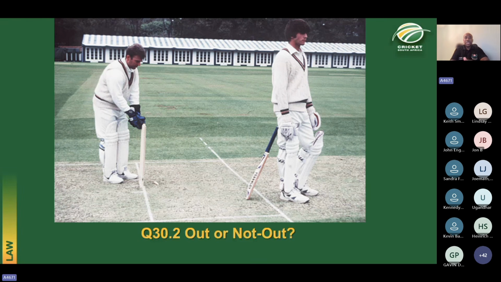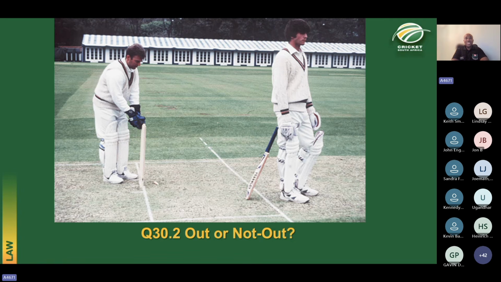I think this is the last quiz question for the evening. Quiz question 30.2. Is this batter out or not out? You can see that the wicketkeeper has put the wicket down fairly. You can see that the batter has the bat leaning on the back of his thigh, or let's call it his hamstring.